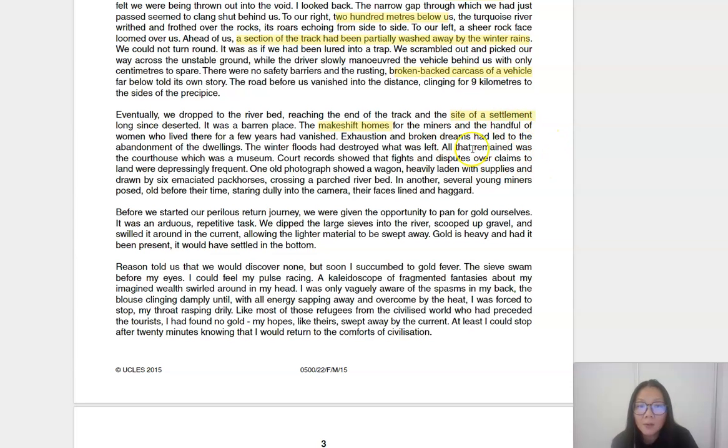Exhaustion and broken dreams had led to the abandonment of the dwellings. A little bit of a clue here: there had been people who had come and abandoned the settlement, going back home, maybe empty-handed or not getting as much as they hoped for. But you decide how you want to use this information, because you could talk about the exhaustion.